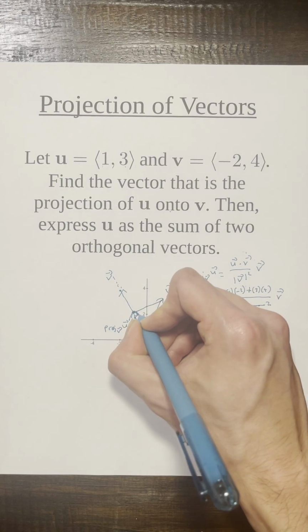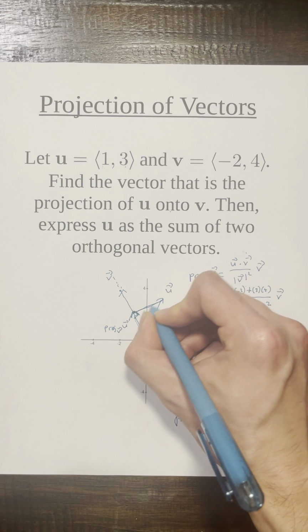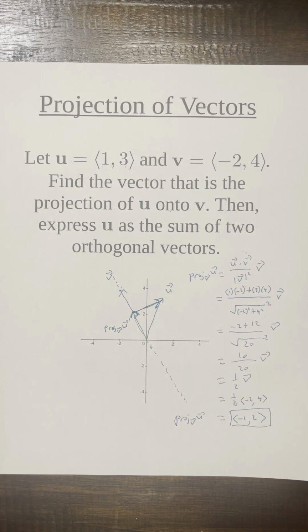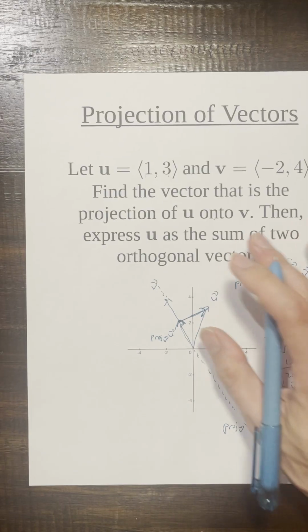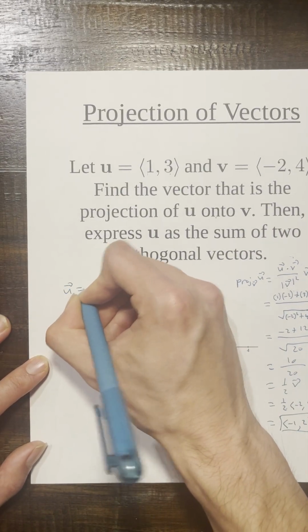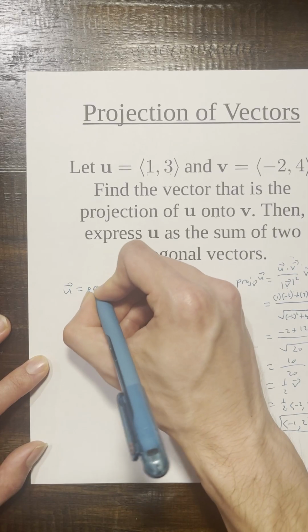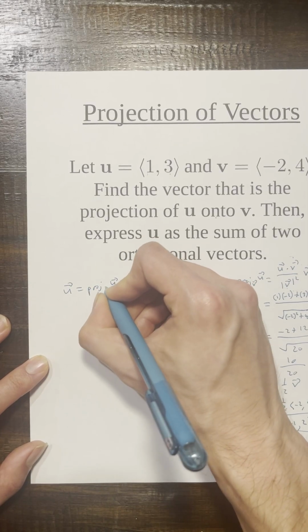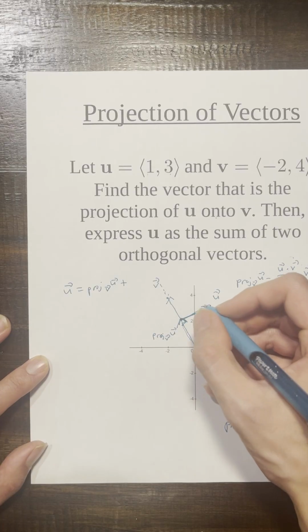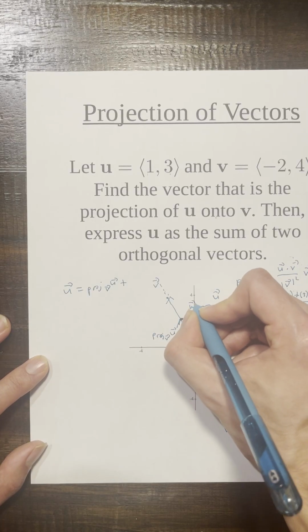We can use this one, so the projection, as well as this one. Okay, so here. So u is going to be projection of u onto v plus, I'm going to call this vector w.